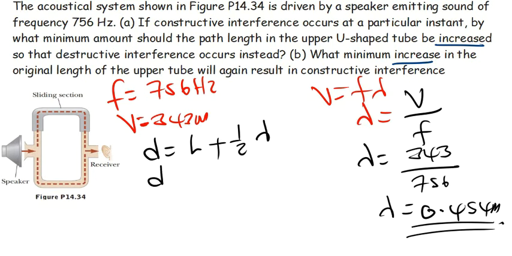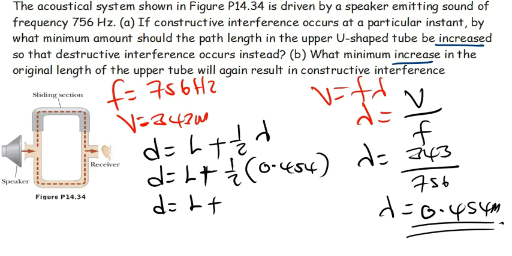The wavelength is 0.454, so 0.5, that is 1 over 2, times 0.454, gives 0.227.